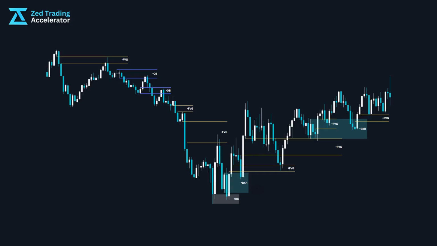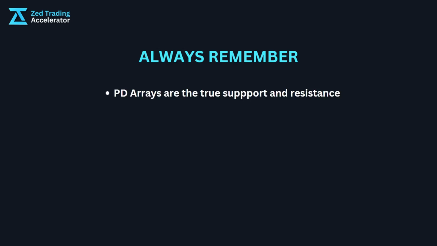Alright, so I need you to take it down on your notes. Always remember, these are the things that you always need to remember for our PD arrays. Once again, PD arrays are the true support and resistance. The fair value gaps, the order blocks, the breaker blocks, the mitigation blocks, the rejection blocks.